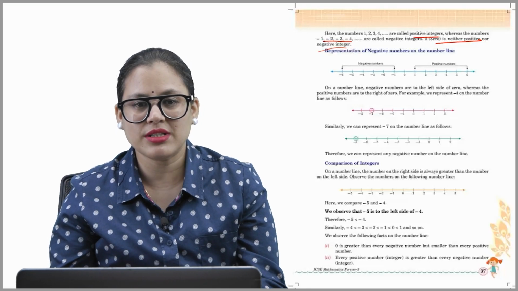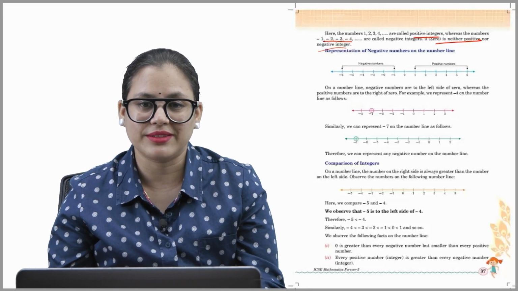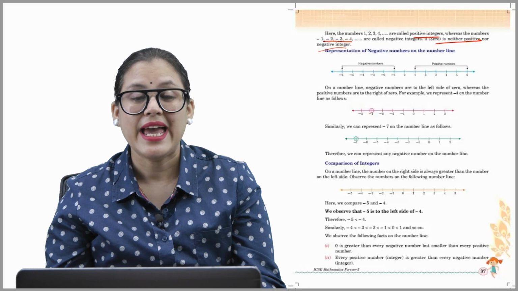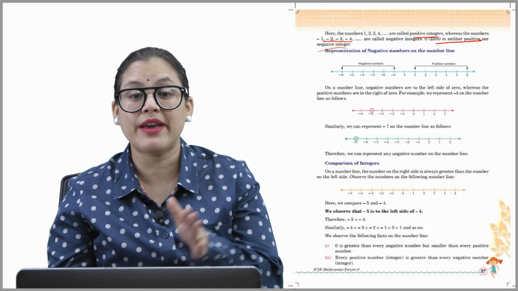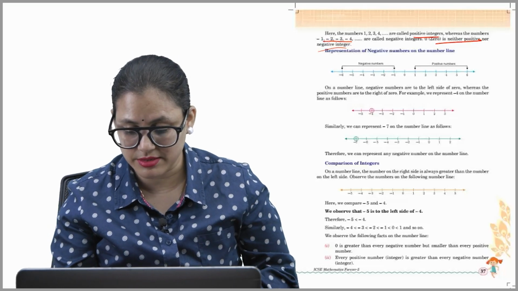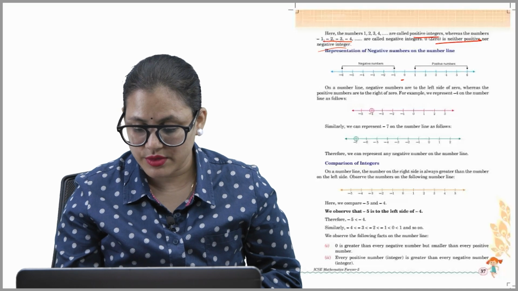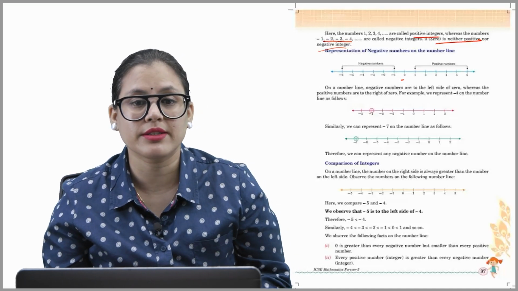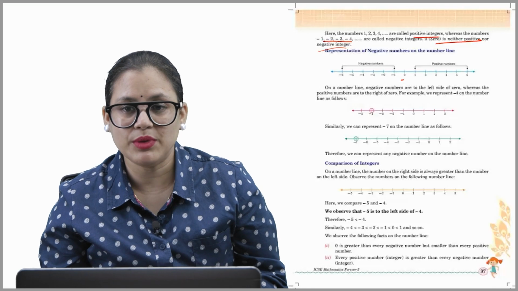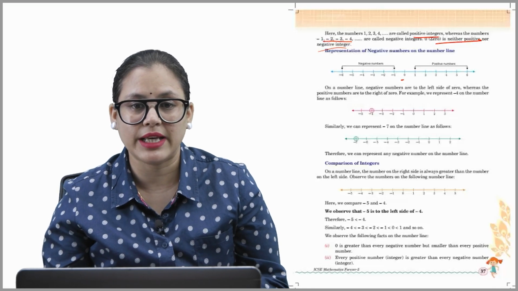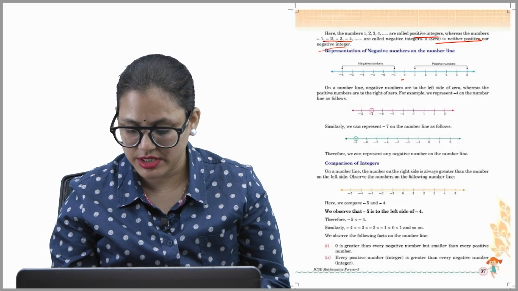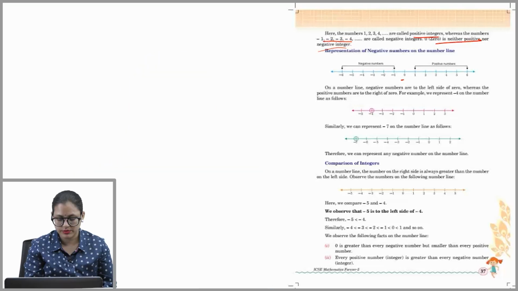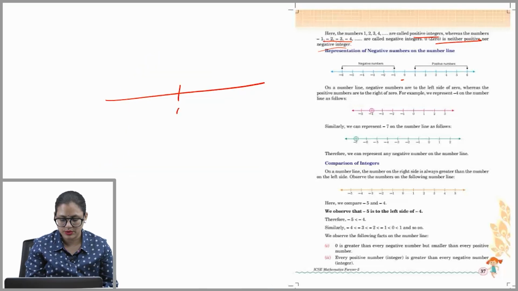Representation of negative numbers on the number line. On a number line, negative numbers are to the left side of 0, as you can see here in this number line. To the right side of 0, there are positive numbers, and to the left side of 0, there are negative numbers. For example, we represent minus 4 on the number line as follows. This is your number line: 0, 1, 2, 3, 4.